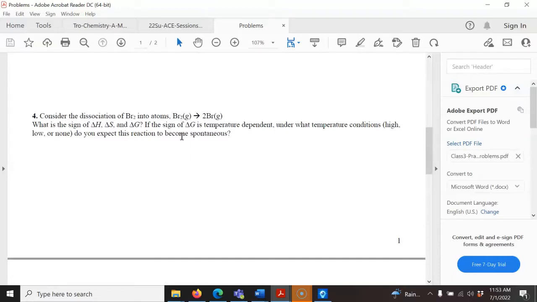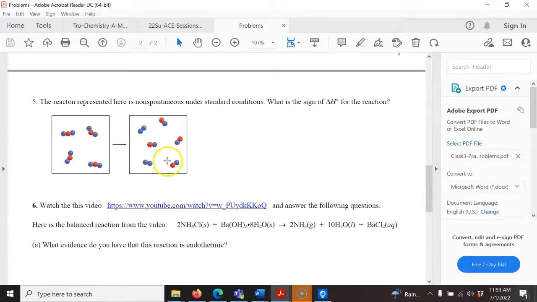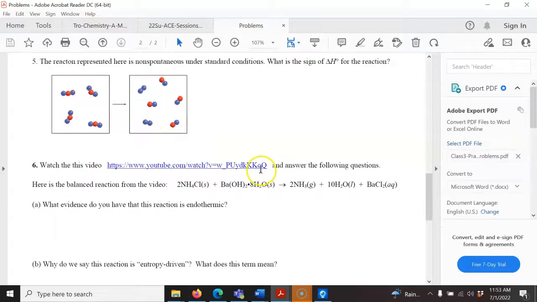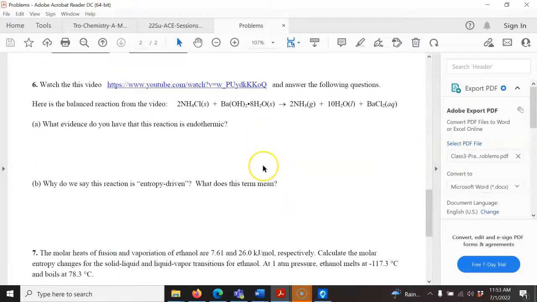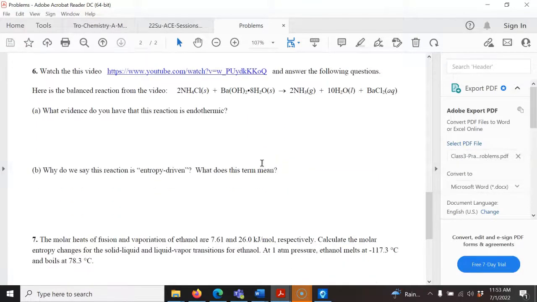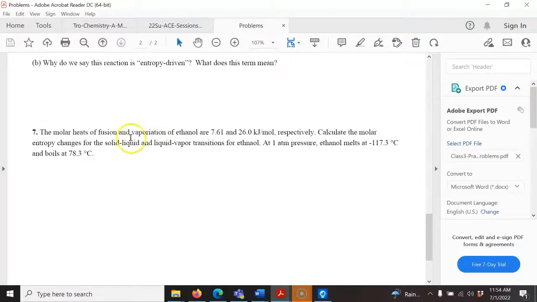Here we have, again, to qualitatively predict whether it's spontaneous or not. Here we have a particle diagram, a cartoon. Here we have an equation, again talking about spontaneity. Let's see, here it is. Heat of fusion, heat of vaporization, and they give you the melting point and boiling point.